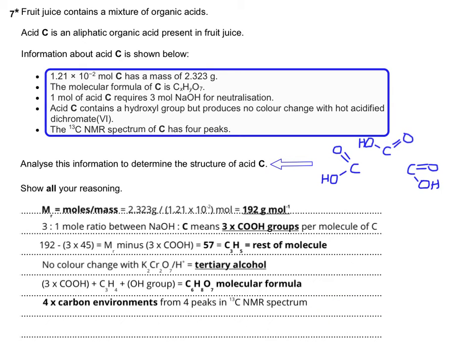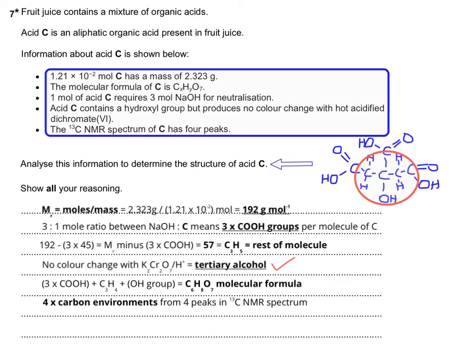So I'm going to place 3 COOH groups fairly close to each other, leaving some space between them to put in the rest of the molecule. Now each of those are one particular carbon environment. So that means we've got 3 left to create.